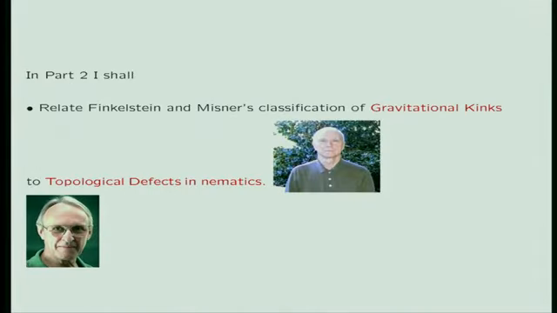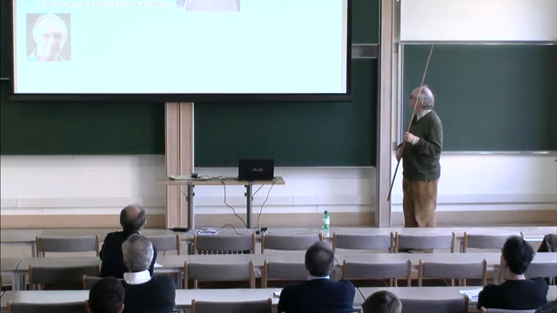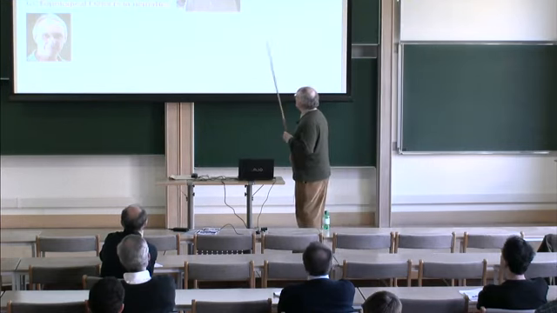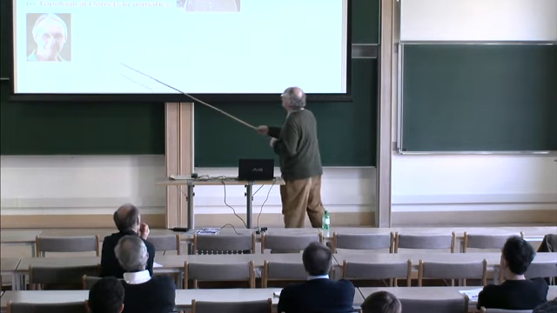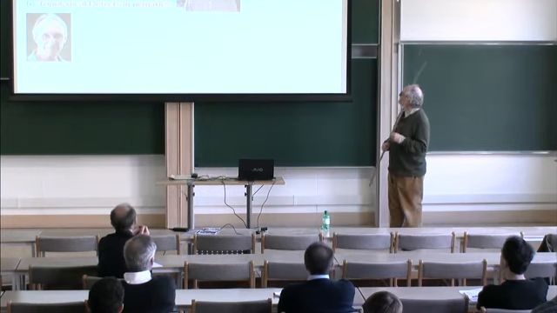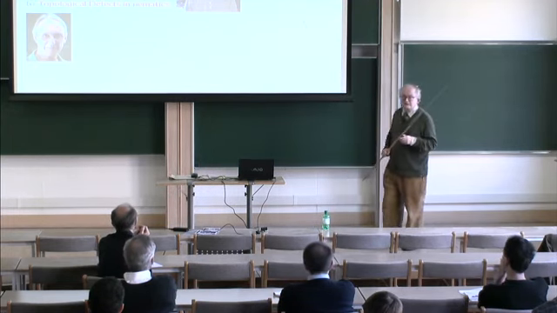Now I want to go on to part two, and part two is a little different in vein, more qualitative, and I want to relate two things. So these guys, this is Charlie Misner and this is Finkelstein, and in the 1950s they invented something called a gravitational kink.